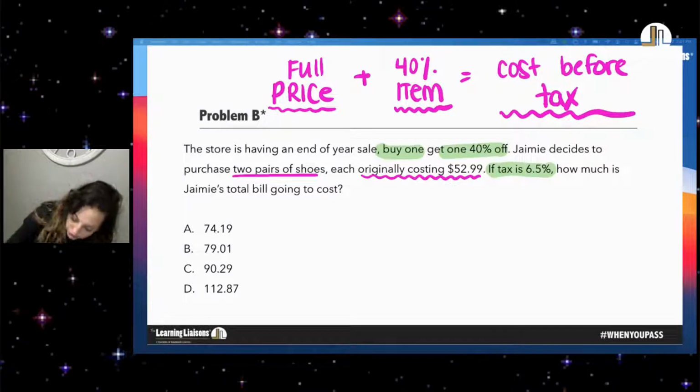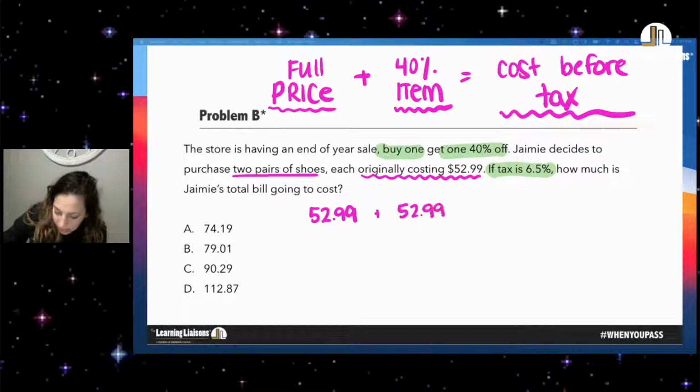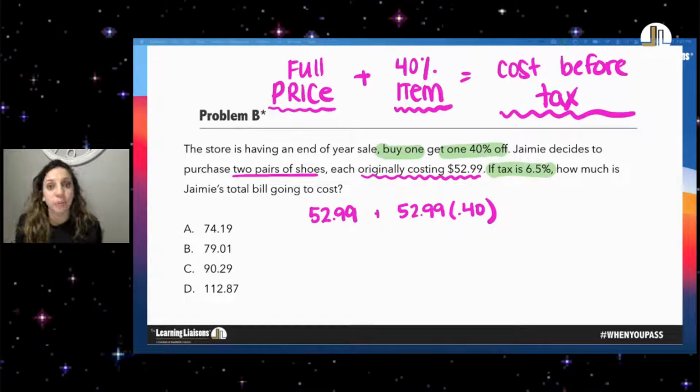So we know that she's going to buy one pair of shoes for full price and one pair of shoes for 40% off. Now, if you multiply $52.99 times 40%, what is that going to give you? That's going to give you the percentage off, not the percentage that you're actually paying.